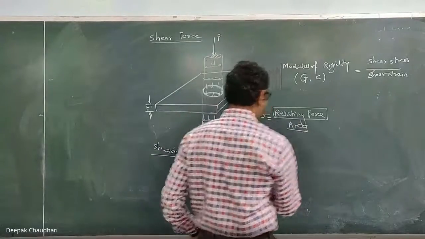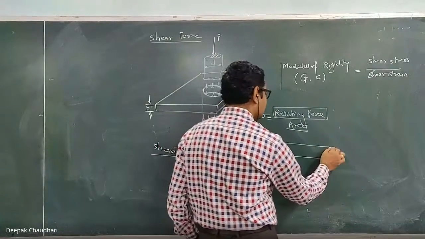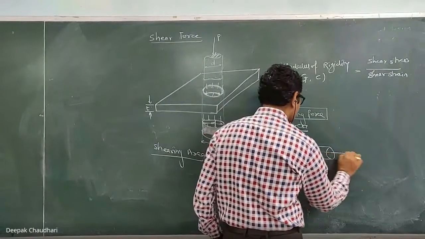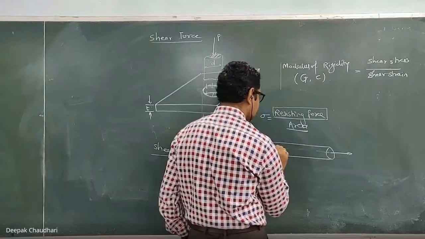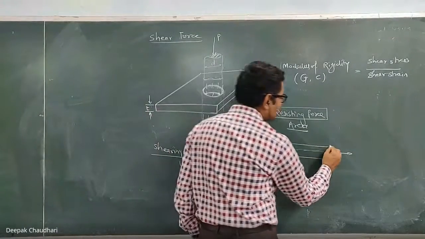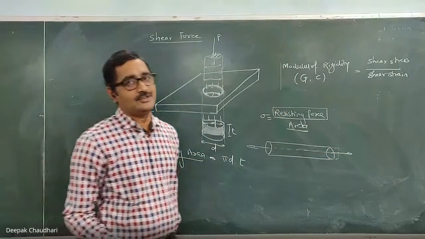For example, suppose I consider one circular rod which is subjected to some axial force. Because of this axial force, it will deform. But this material resists that deformation.